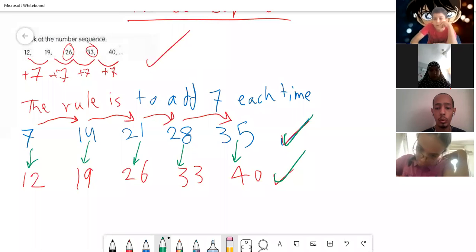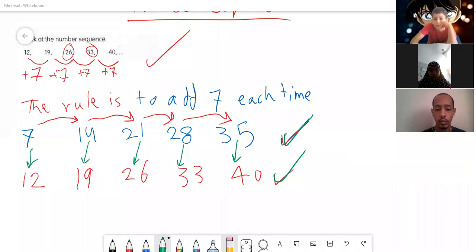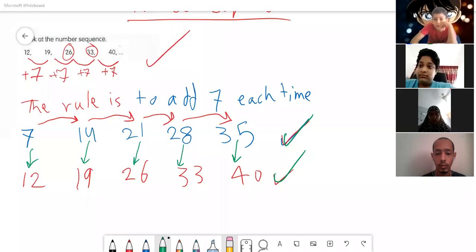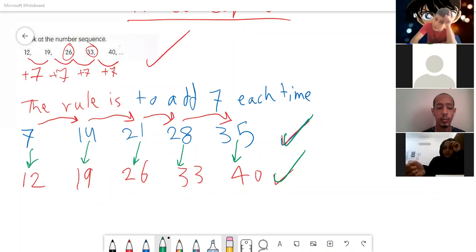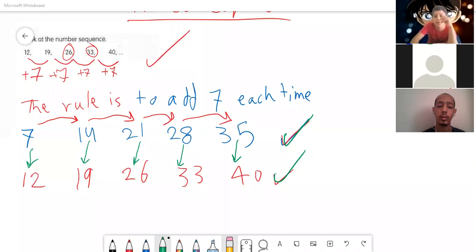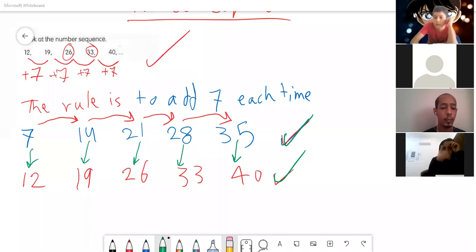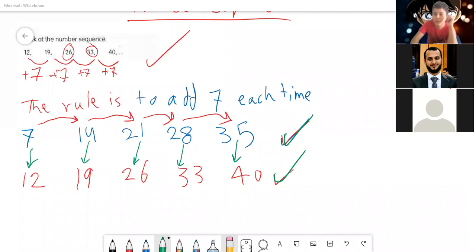what is the difference between 12 and 7? All of you raise hands. Teacher, it's 5. 5, right? Good. Thank you. It's 5.